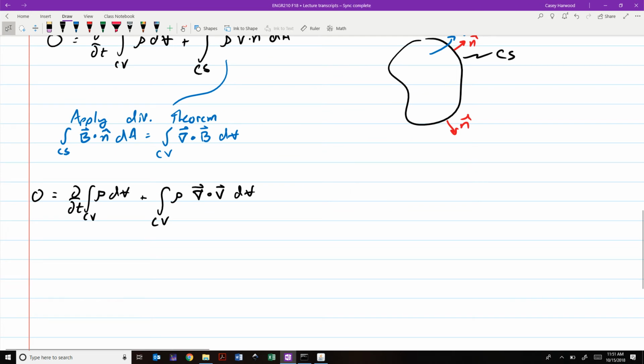If we assume that our control volume stays constant in time, then we can move this component inside.